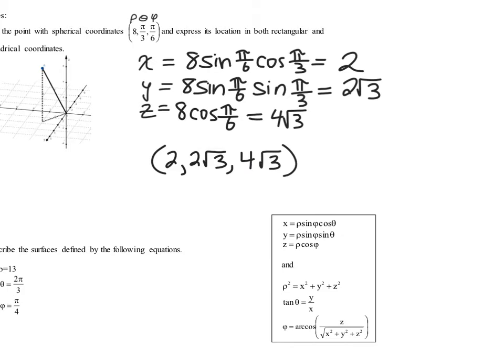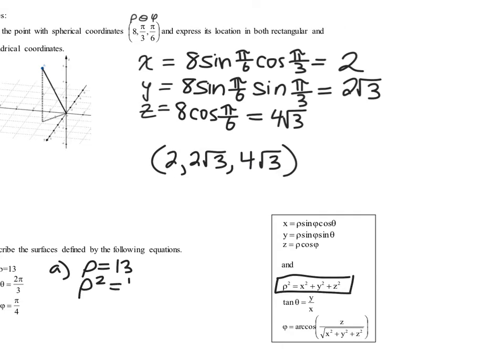So that's by points. In terms of equations, it can be a little dicey, but sometimes it's not bad. For example, in part A, it's saying that rho is equal to 13, but we know that rho squared is equal to x squared plus y squared plus z squared. So I'll square both sides.